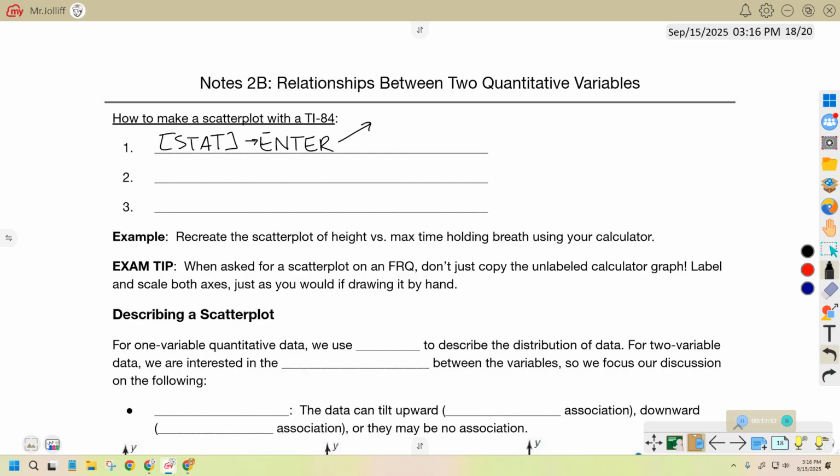And then you're going to put your X values into list 1, and you're going to put your Y values into list 2. Or explanatory in list 1, response in list 2. I'm going to give you a minute to do that for the data on the first page. Height into list 1, max breathing time into list 2.